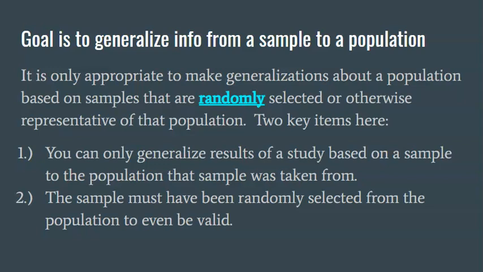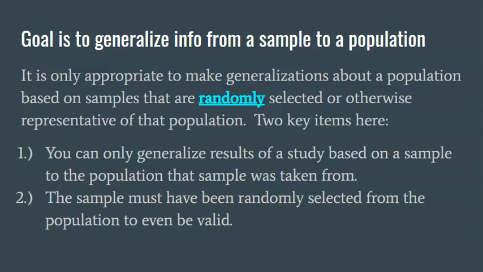So if we think about our oak trees, I mentioned a question could be, what is the average height of an oak tree in a national forest? Well, if I take oak trees from outside of a national forest, then the question was specifically oak trees in a national forest. So if it's an oak tree outside of that forest, then I don't think I should be including it. That's not going to represent my population.